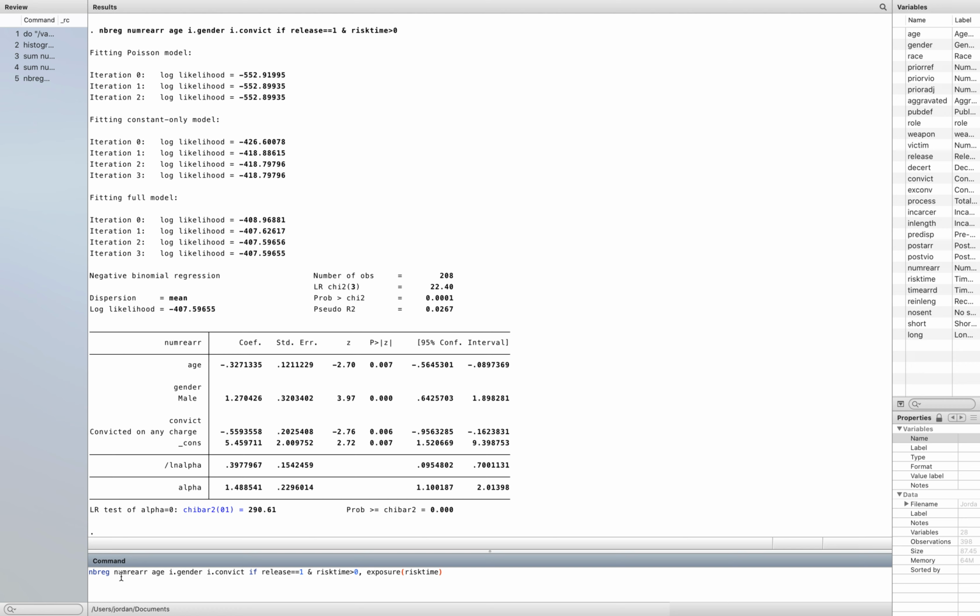Some people might have been rearrested, but their time at risk was different. Somebody who was arrested 5 times over 5 years might look different than somebody who was arrested 5 times over 7 days. Both were arrested the same number of times, but their exposure was different. So being able to account for that.